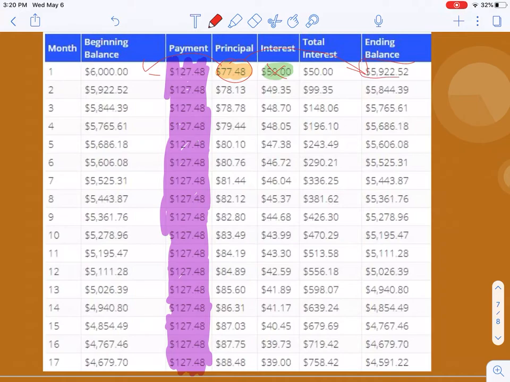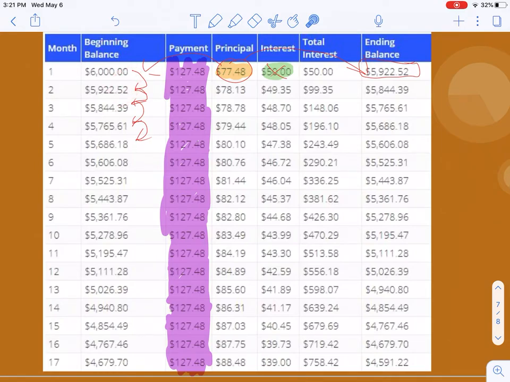So on month 2, we're going to take our ending balance, and that's what you start with in month 2. Notice that it is less than month 1, and that's the whole point, right? This is going to decrease here, and then that value is going to decrease here every payment that you make. But notice that the payment made has to include the interest every time.